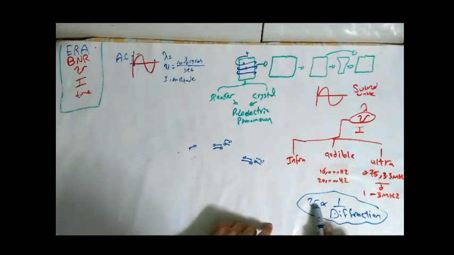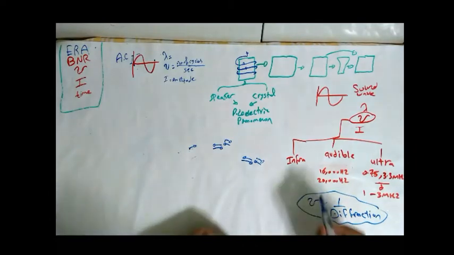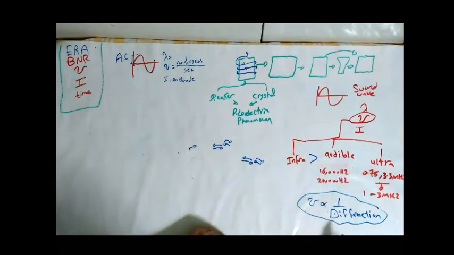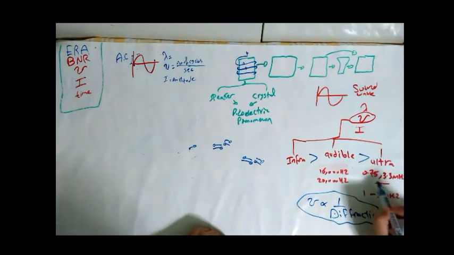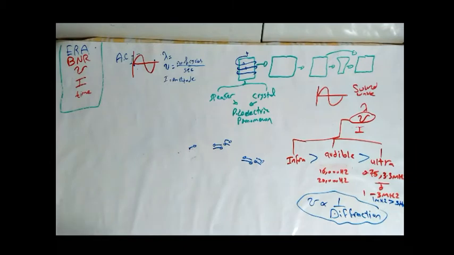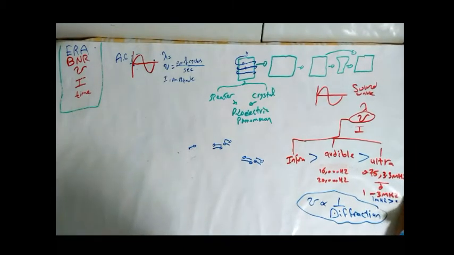The lower the frequency, the more diffraction the sound has. So infrasound has more diffraction than audible sound, and audible sound has more diffraction than ultrasound, and inside ultrasound, 1 megahertz has more diffraction than 3 megahertz.